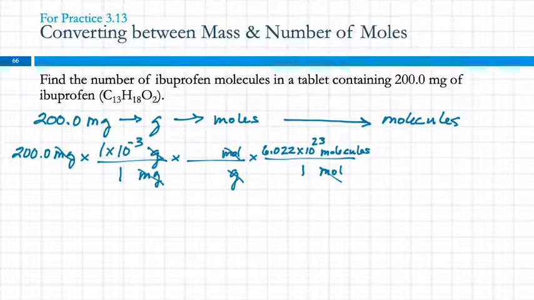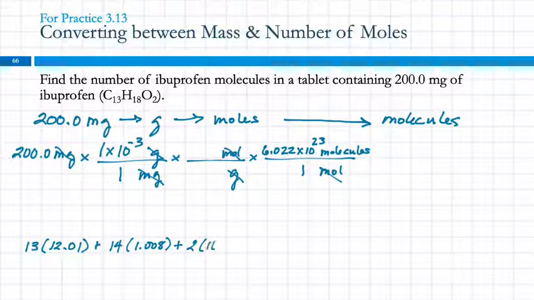So I've got the formula up there. So 13 moles of carbon times the mass of carbon. And then 18 moles of hydrogen times the mass of hydrogen. And 2 moles of oxygen times the molar mass of oxygen.